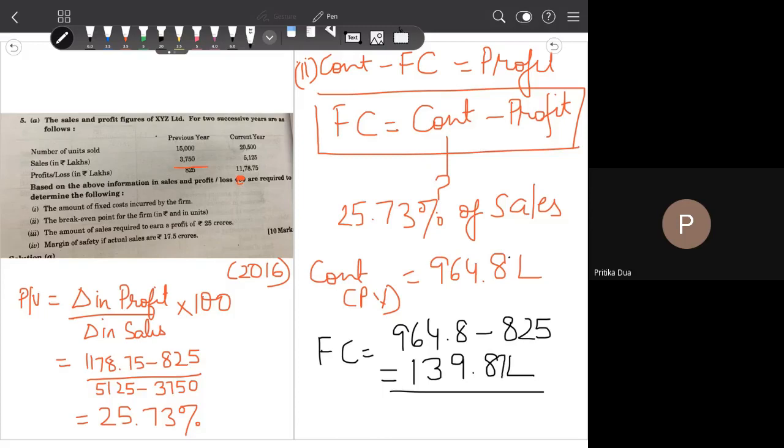Take up to 3 decimal places, you can round off up to there.